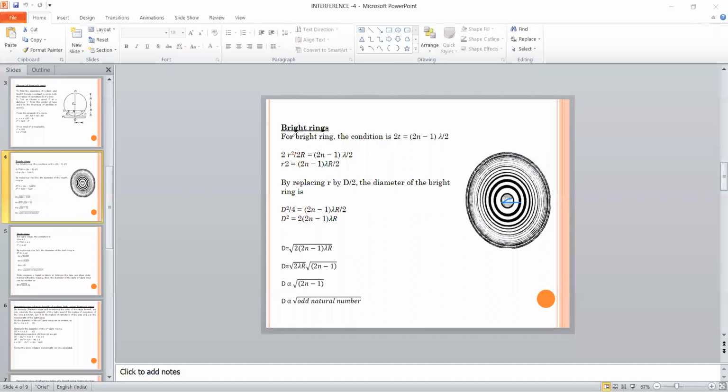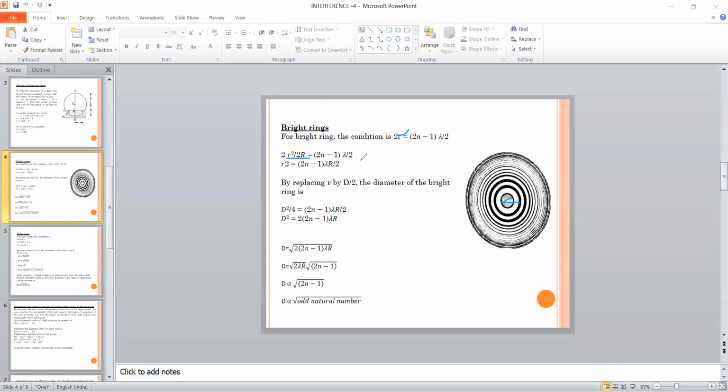For this purpose, first I have to take bright rings. 2t is equal to (2n minus 1) lambda by 2. This is the condition we have to take from the last class, the condition for a bright ring. Now by using the condition for a bright ring, we already found the value of t, that is r square by 2R.